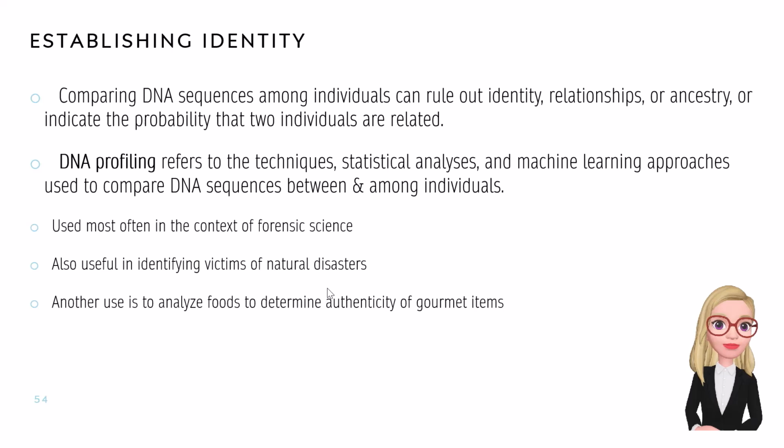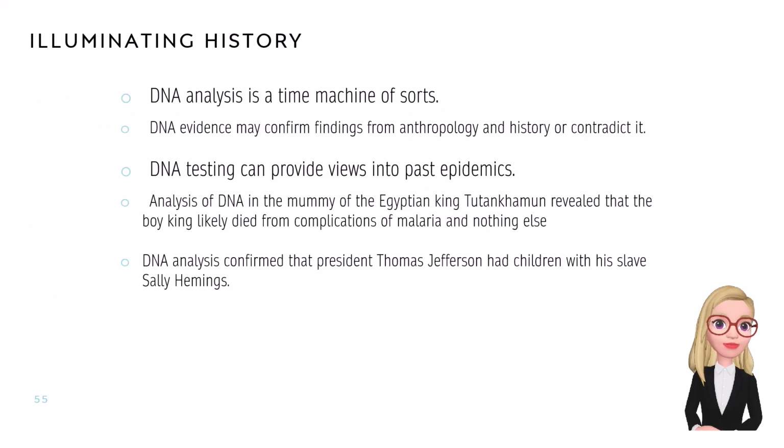We look at how we use DNA in forensics, and in natural disasters to identify victims. We look at analyzing food to determine the authenticity of things like gourmet items. We can also say DNA analysis is sort of like a time machine. We've heard a lot about using that in forensics and criminal analysis.